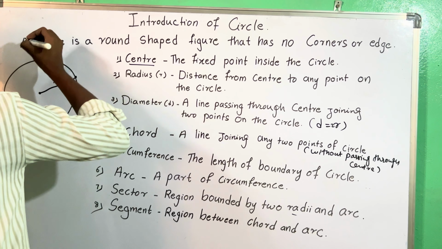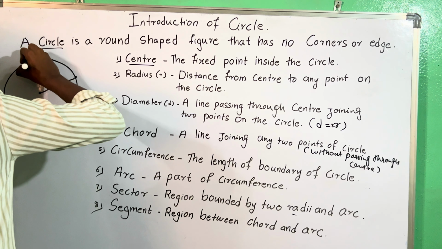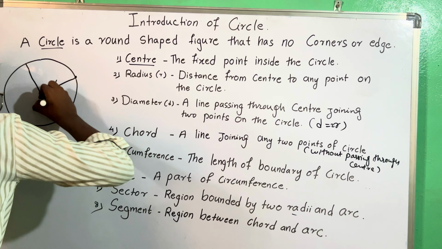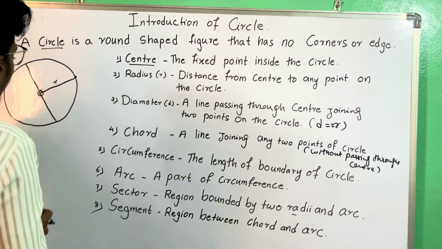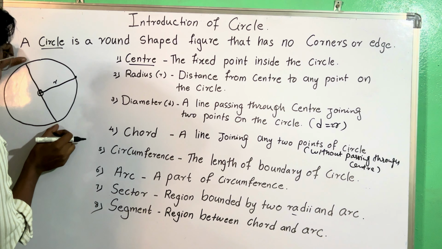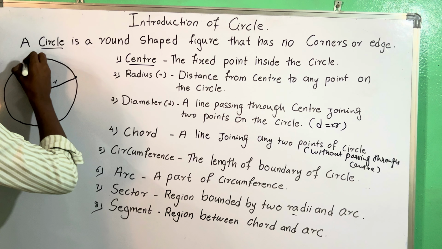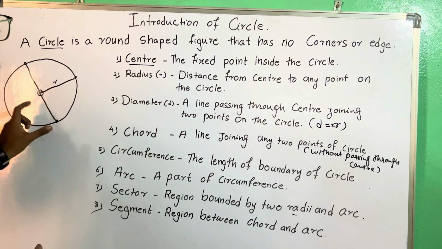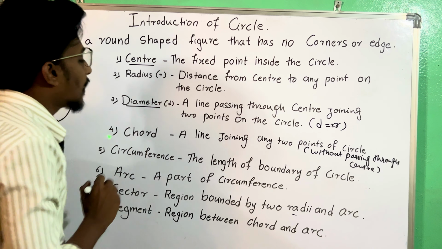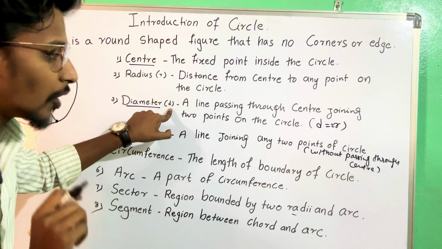So you can see I am drawing a line which is passing through the center. This is the first point and this one is the second point. Such kind of line is called our diameter and it is represented by small d.